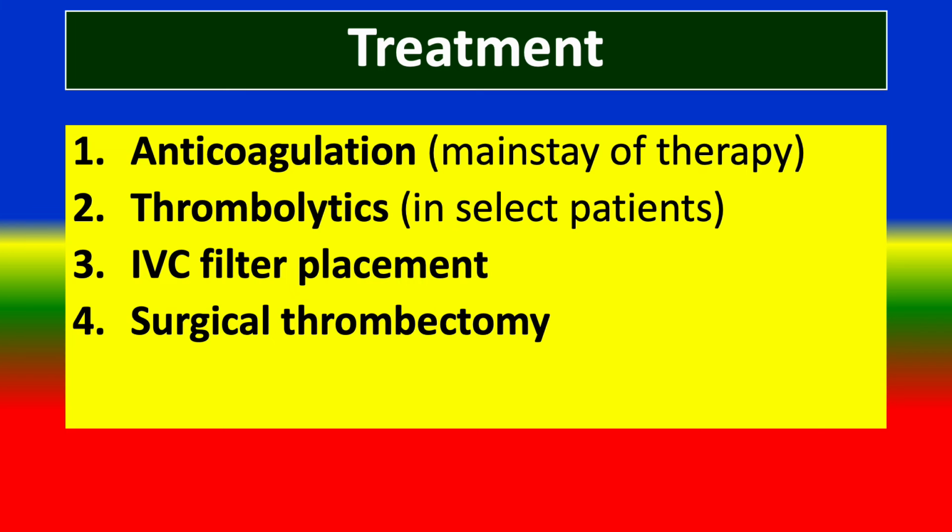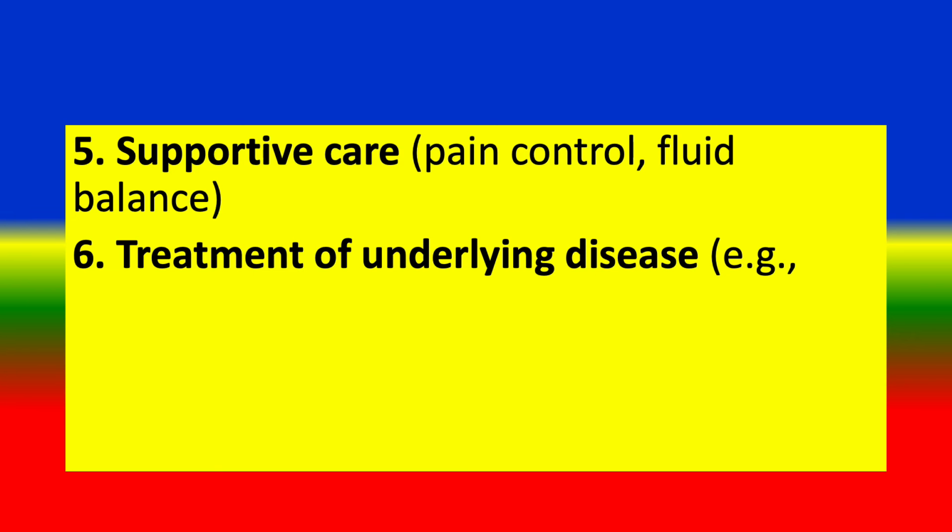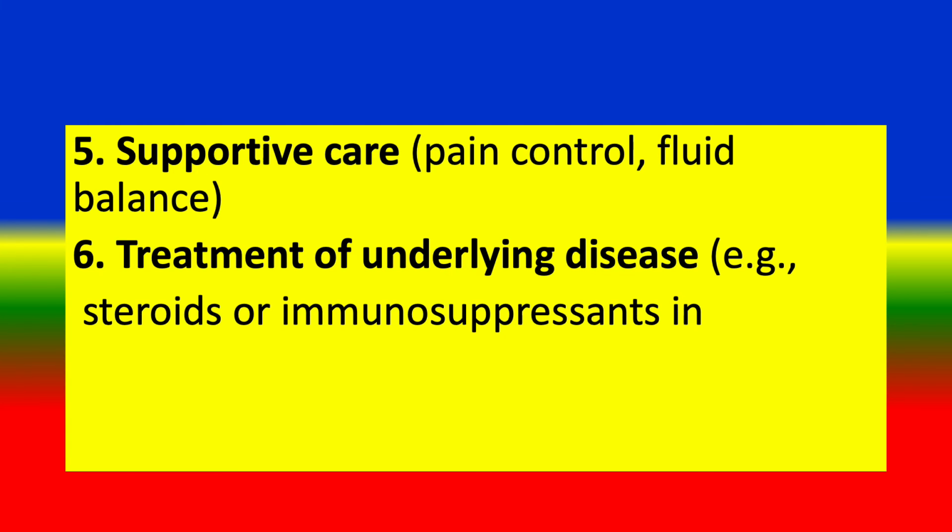Surgical thrombectomy. 5. Supportive care: pain control, fluid balance. 6. Treatment of underlying diseases, for example steroids or immunosuppressants in nephrotic syndrome.